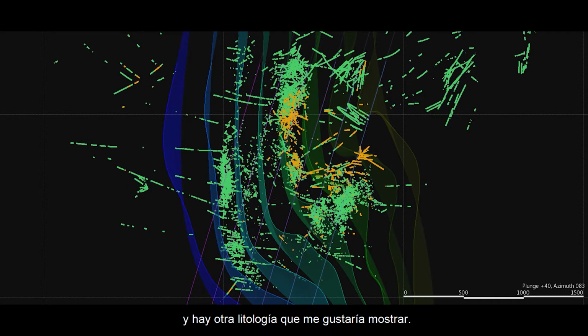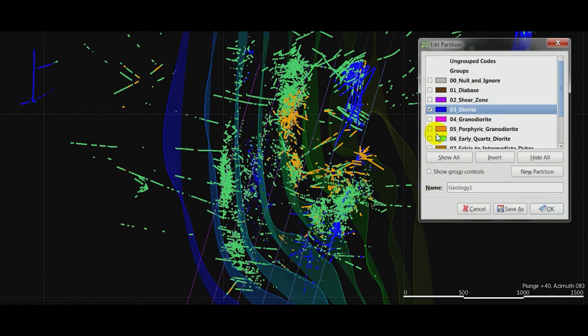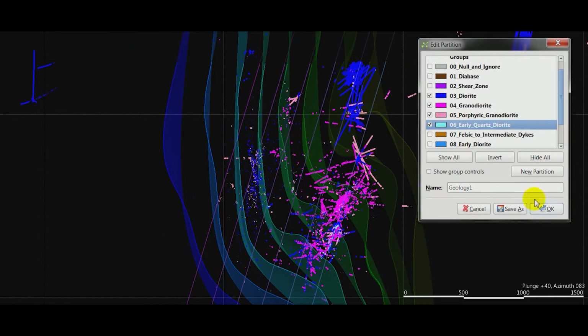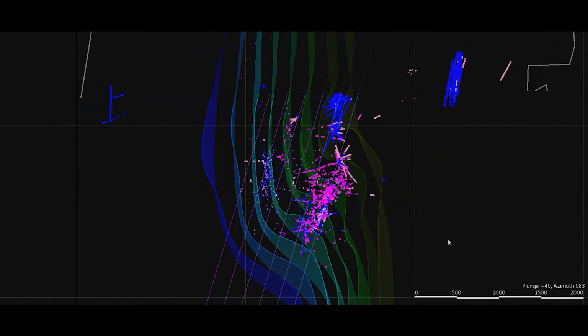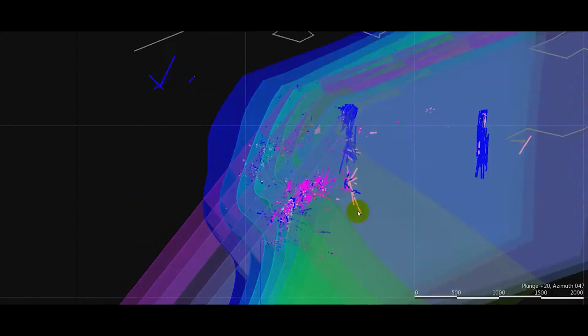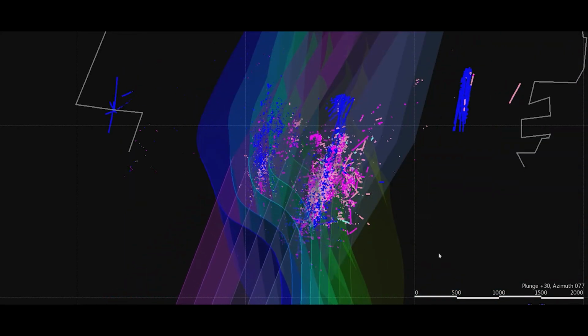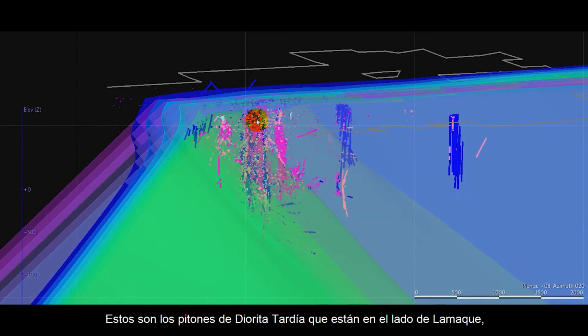And there is another lithology I'd like to show. These are the Lake diorite plugs that are on the Lamaque side.